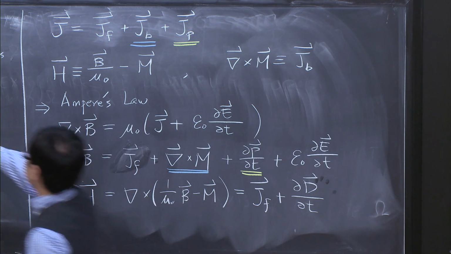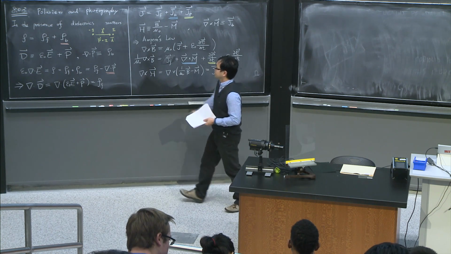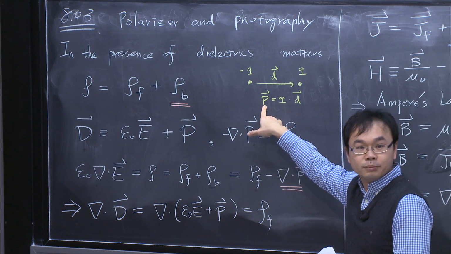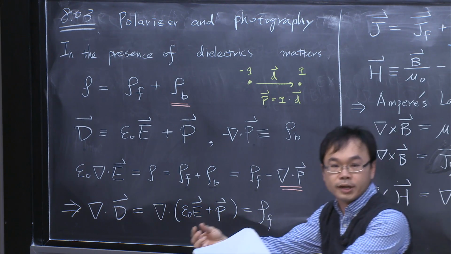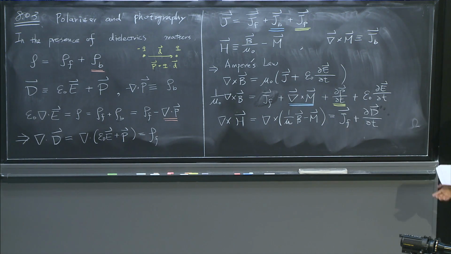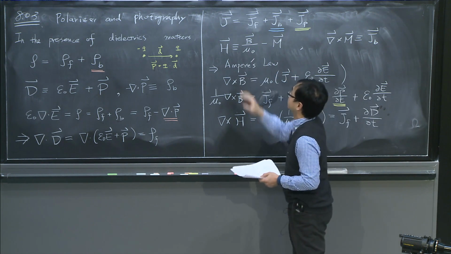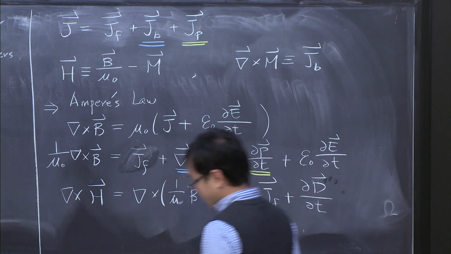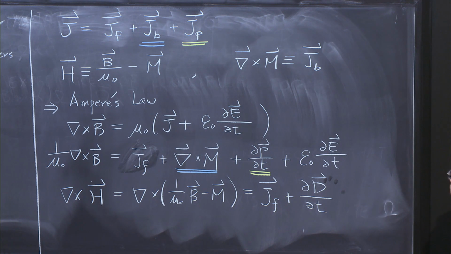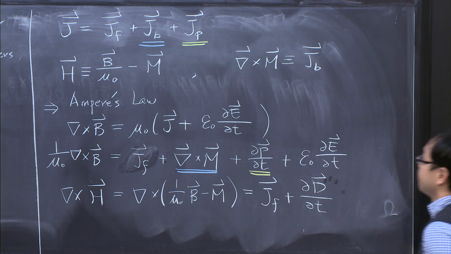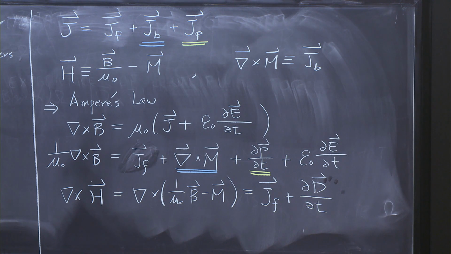Because polarization is defined as q times d, the distance between charges, if I have a changing polarization, that means there are some charges moving around. That gives you the third contribution, which is J P. Once we have classified the current into three pieces, we can define the H field, which is defined as B over mu 0 minus M, where M is the magnetic dipole moment.